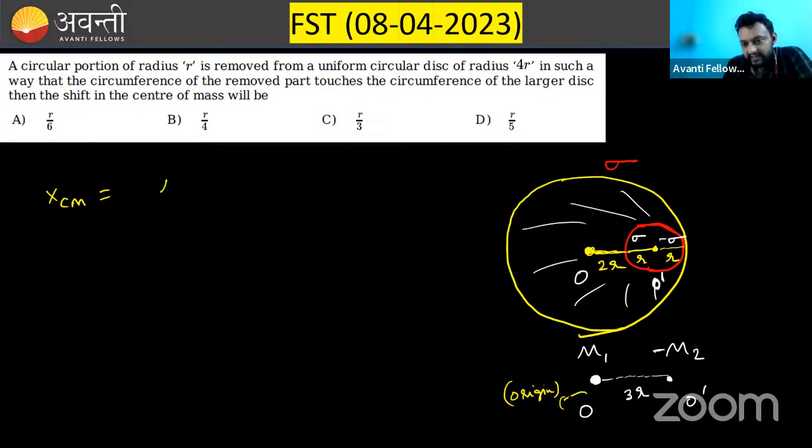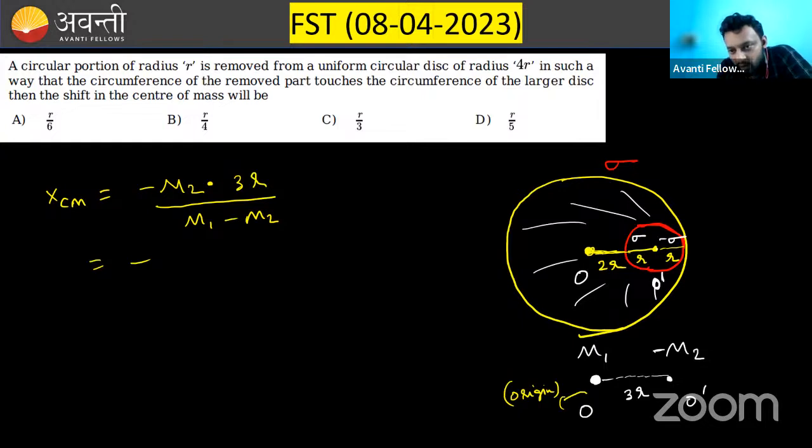The point you have taken as origin, the mass opposite to that, that is M2, which is minus M2 actually, into the separation between them. The separation between them is 3R divided by total mass of the system. Total mass of the system, M1 is positive and M2 is negative. Now I am just going to put the values of M1, M2. Minus is already there.